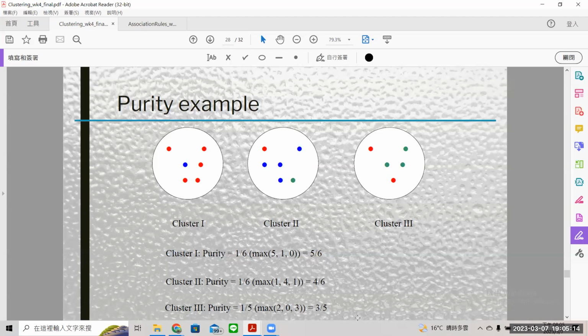We also have some numerical indexes to see how your clustering algorithm performs in the last stage, because we can use numerical comparison between different algorithms to see which performs the best.